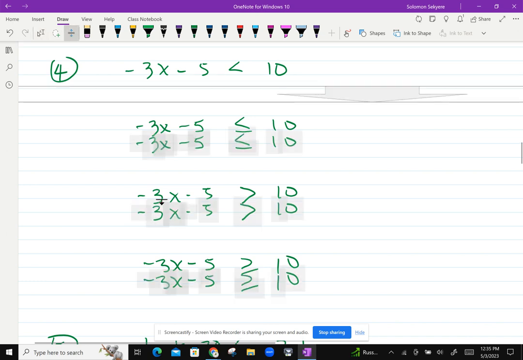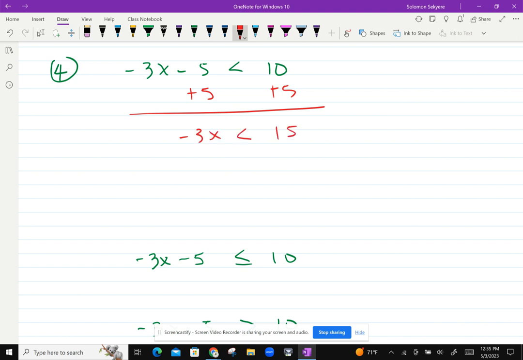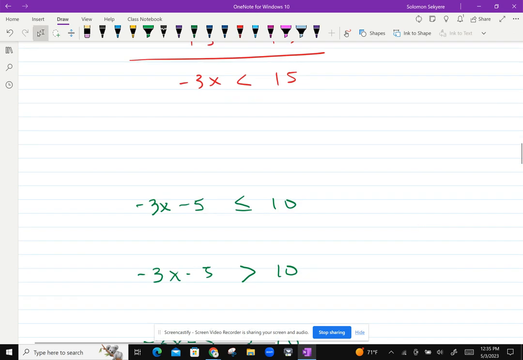Here is the main difference and only difference. I add 5, like I'm solving an equation, and I have negative 3x is less than 15. Okay, now I need to find my x, and I divide both sides by negative 3, right?